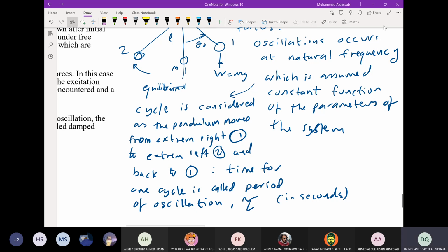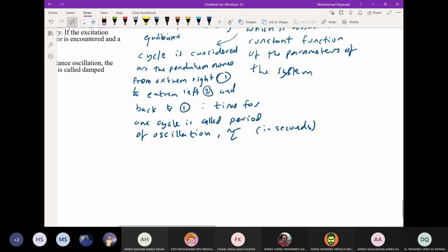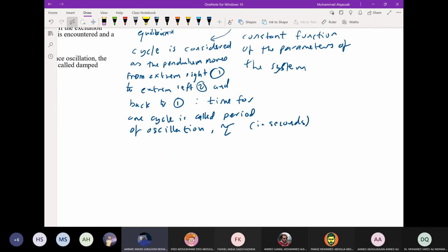Does anybody know the definition of frequency? Hertz. Right, hertz is a unit, the unit of frequency.